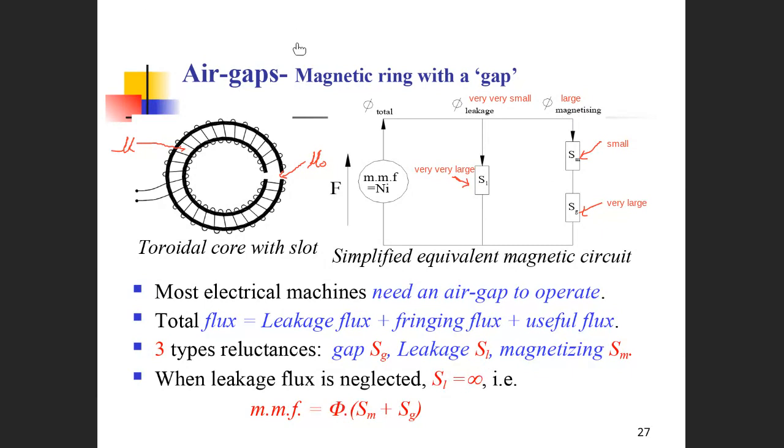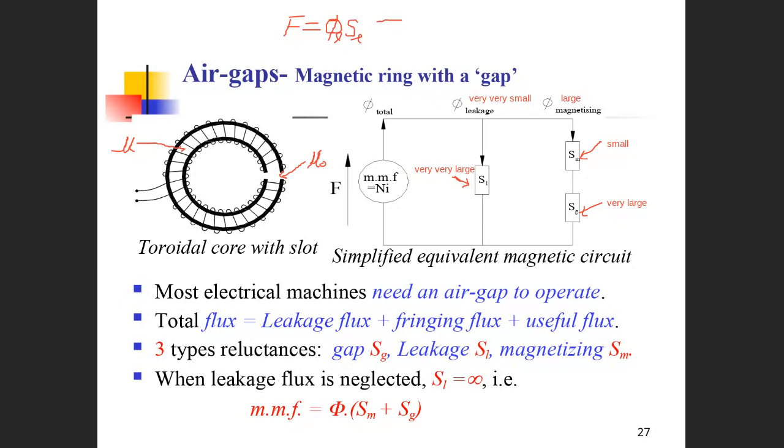For easier understanding, because someone is always confused: the magnetomotive force F is equal to the leakage flux times the reluctance of the leakage branch.